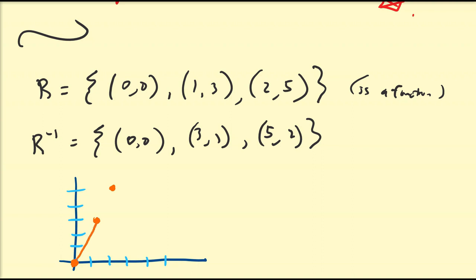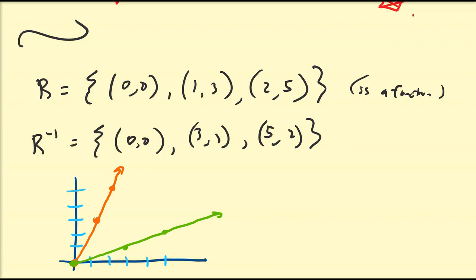So I have an almost linear set of points, maybe linear, maybe not. You can verify that. Then we have (0, 0) here, then (3, 1) here, and then (5, 2) up here. Again, we have this almost linear type of trend.